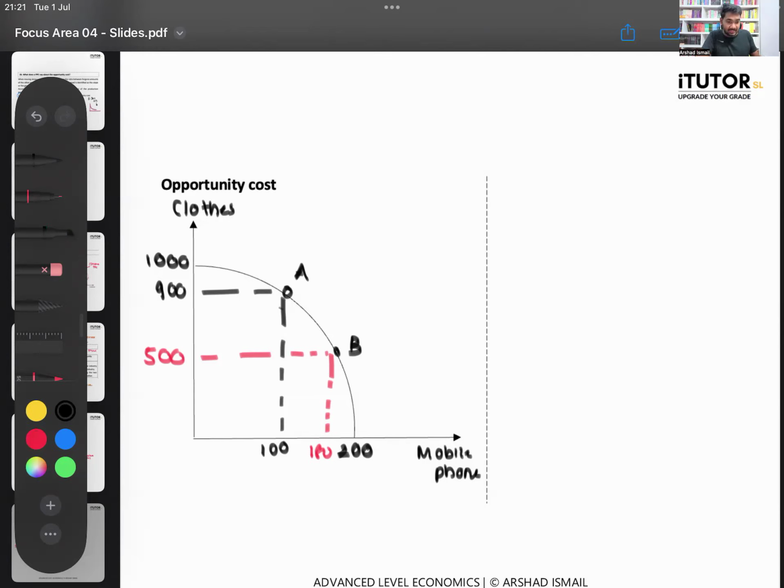One thing they can ask you is, okay, listen carefully. I'll write it all over. What is the opportunity cost of moving from point A to B? That is one question.